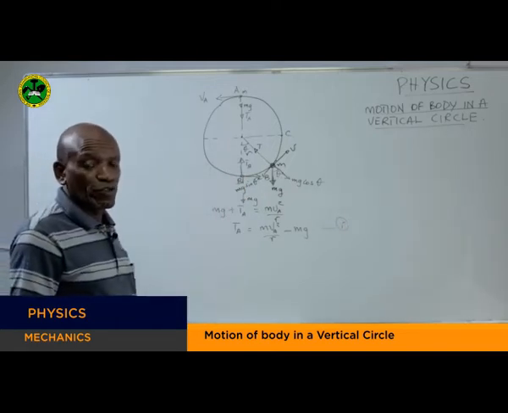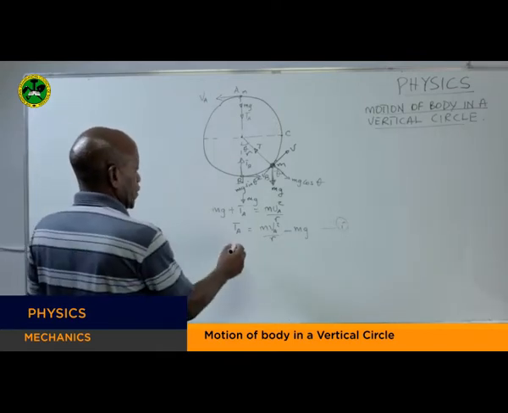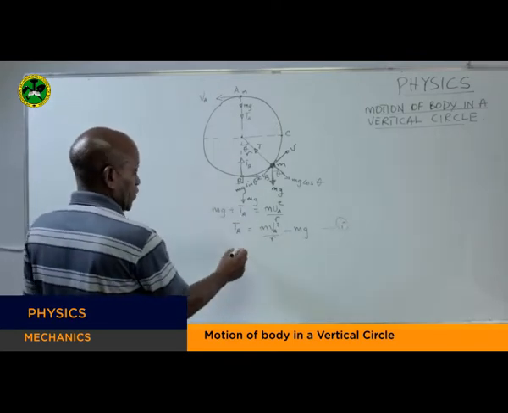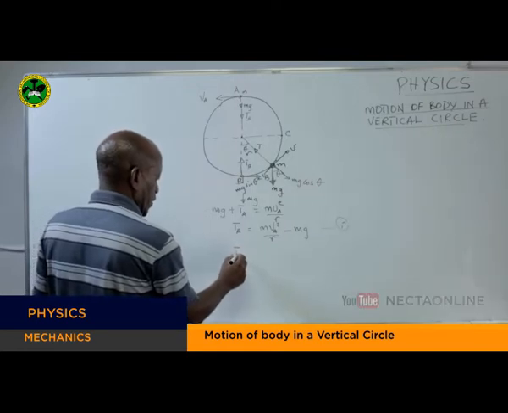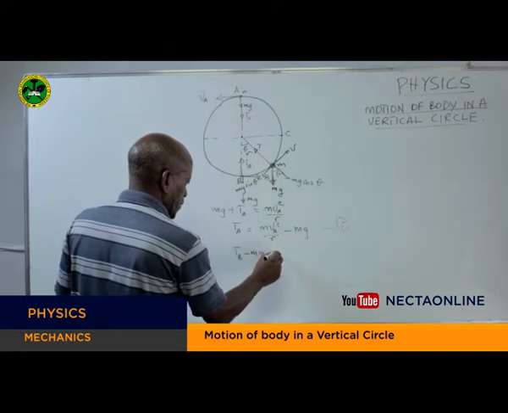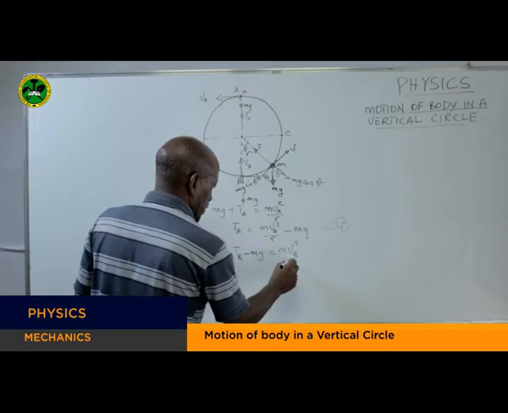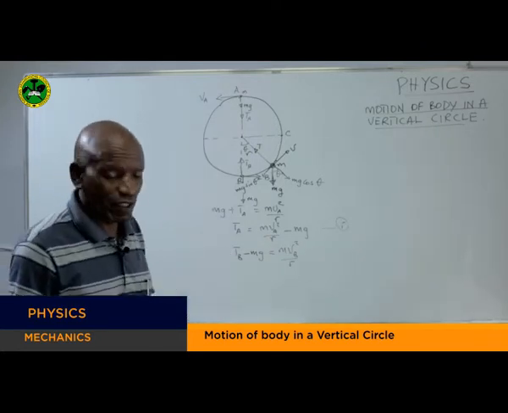The necessary force to make this body move in a circle, the centripetal force, will be equal to the difference of the two forces, that is, the tension at point B minus the weight.